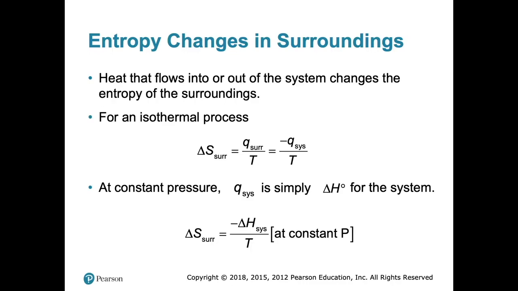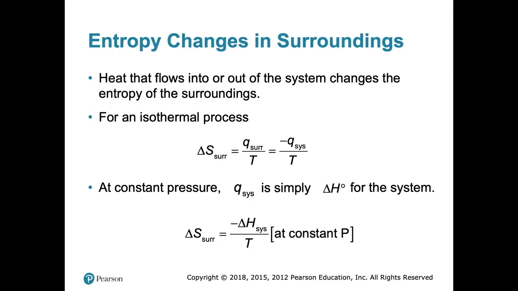Remember in that picture I showed on Monday, if the system is losing energy, it goes to the surroundings. And if the surroundings are losing heat, it goes into the system. So in the end, the change will always equal the loss here or the gain there, because it's a closed system. Make sense?